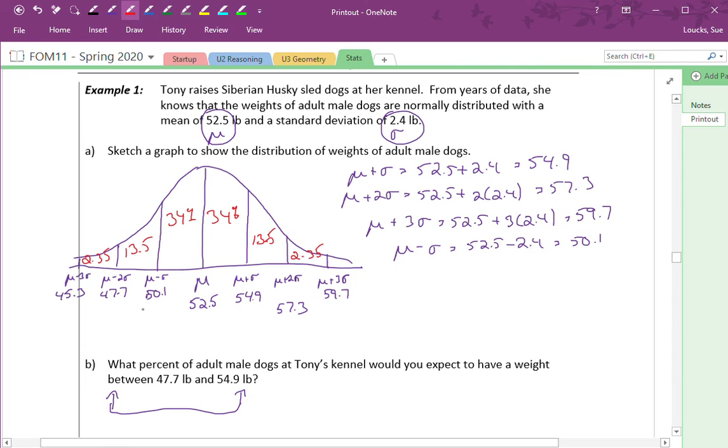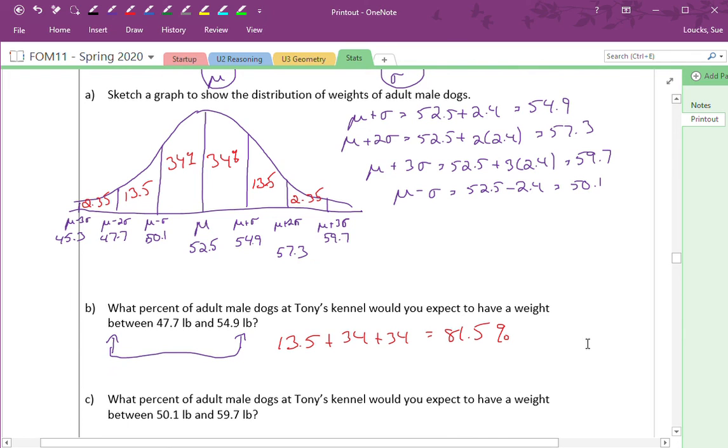So between this line and this line, we would have 13.5 plus 34 plus 34, which is 81.5. So we would expect that 81.5% of the dogs weigh between 47.7 pounds and 54.9 pounds. Isn't that cool? I think it's cool.